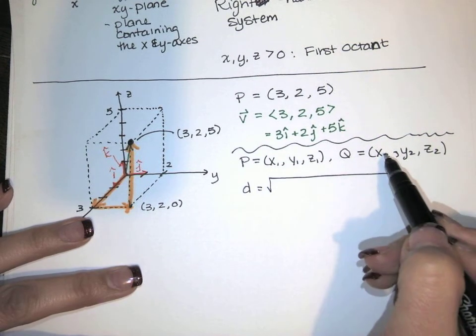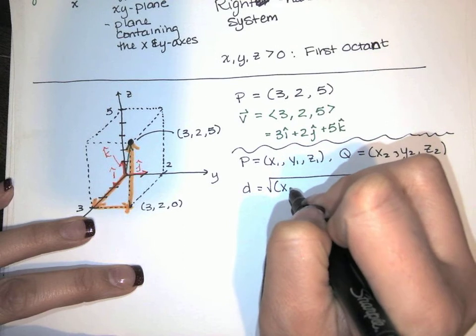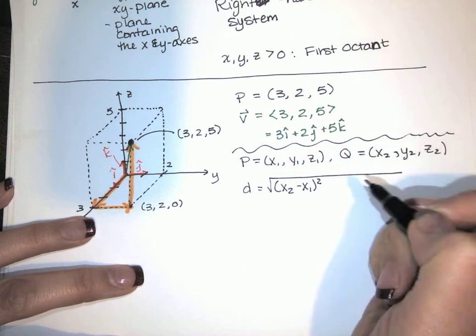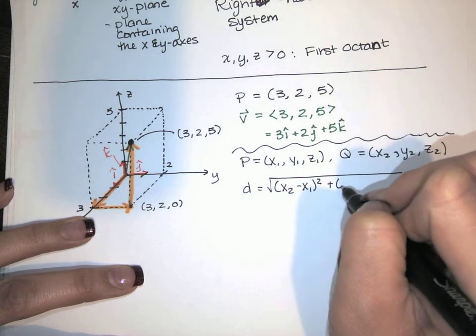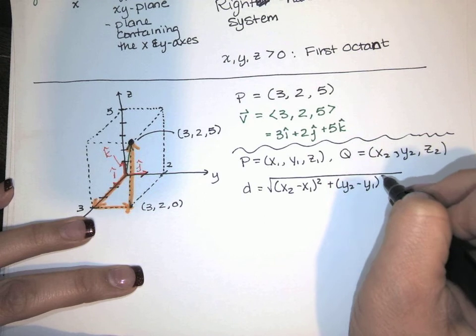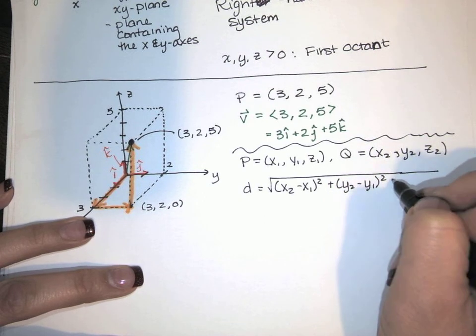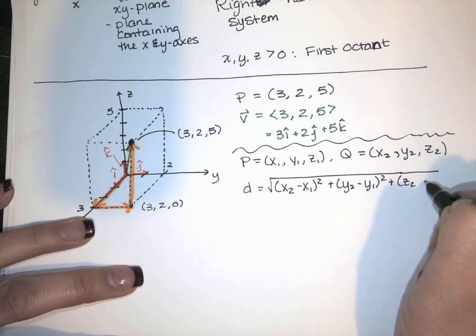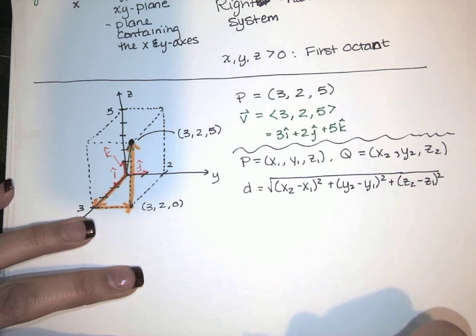I do x2 minus x1, then I square that, and then I do y2 minus y1, and I square that, and then z2 minus z1, and I square that. Then we want to add those together and take the square root.